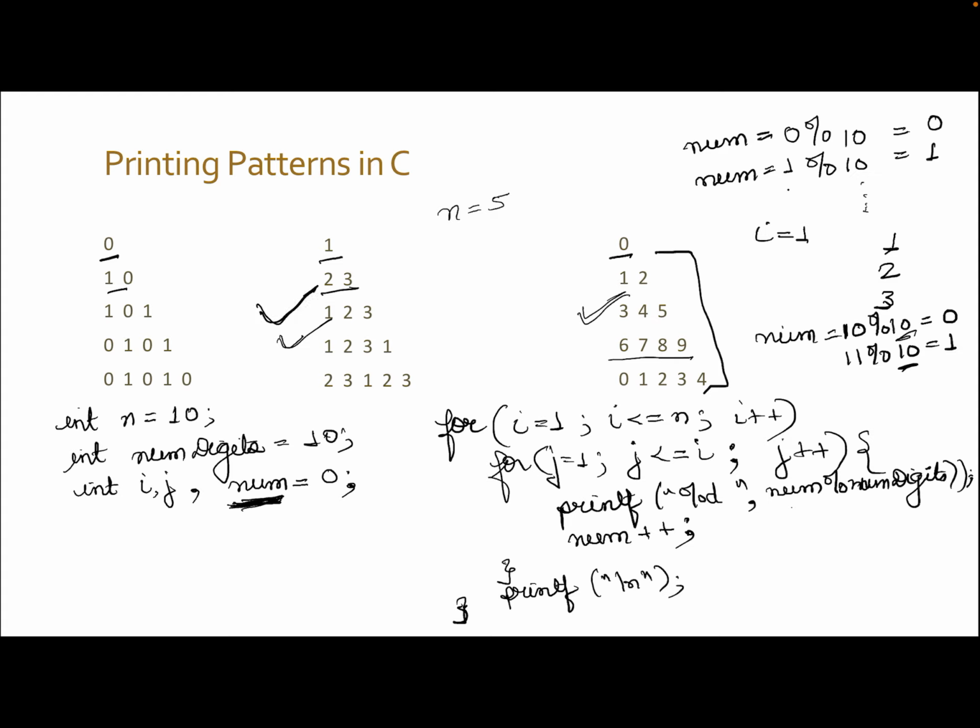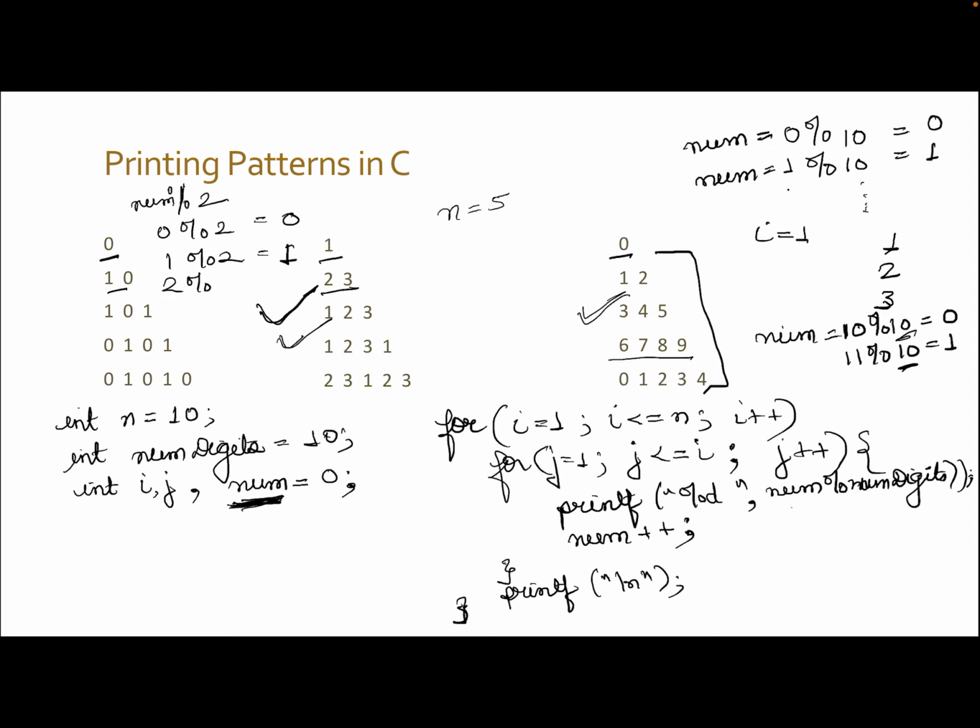Suppose now I want to print this. For 0 1 it is the same. Here the number of digits will be 2. So initially it is 0, 0 mod 2 gives 0, 1 mod 2 gives 1.